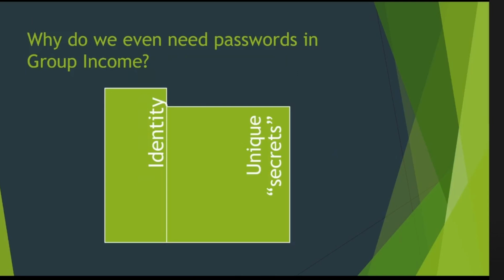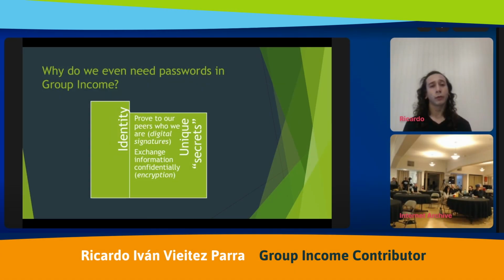So we use these secrets for two different purposes. They are related but slightly different. One of them is for proving to peers who we are. So if I am communicating with another user, they can know that I am the one that is sending that particular message or performing that particular action, as opposed to it being someone else. And the technical term for that is digital signatures.